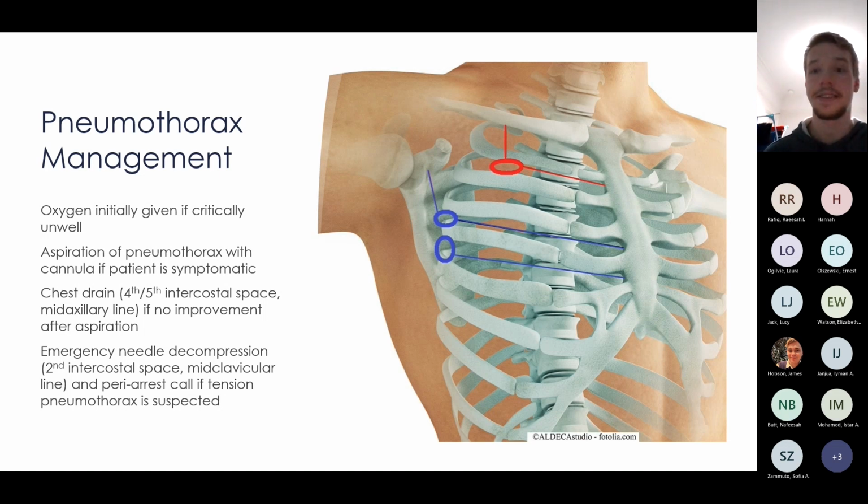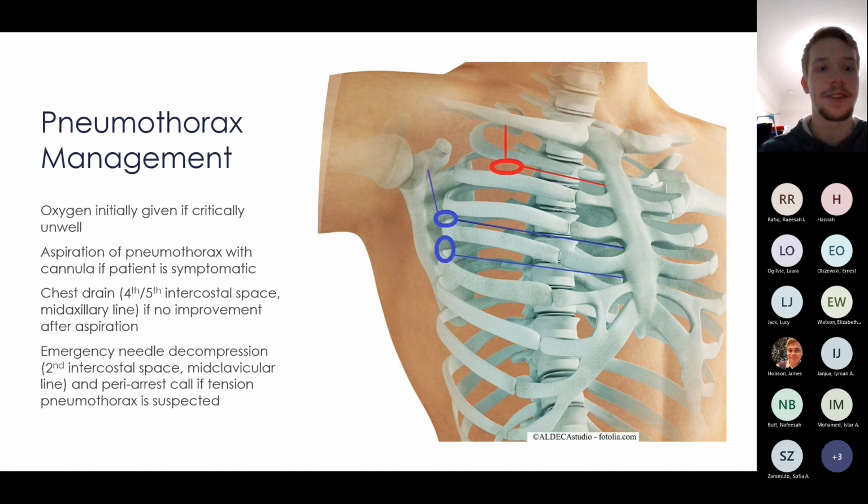So if they're critically unwell, give them oxygen. If it's symptomatic, it's normally indicated to at least aspirate that pneumothorax.